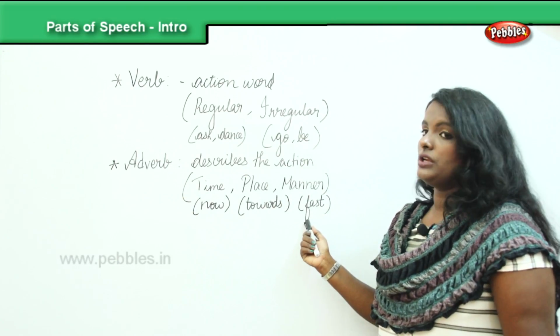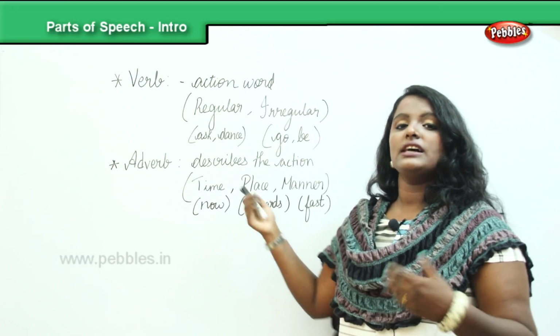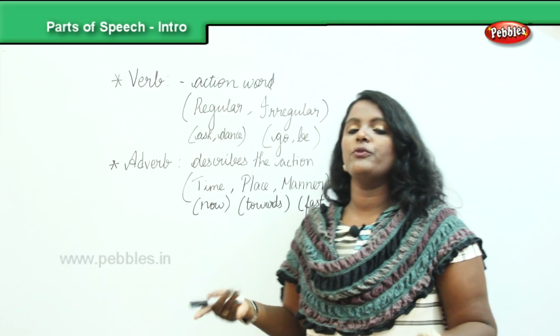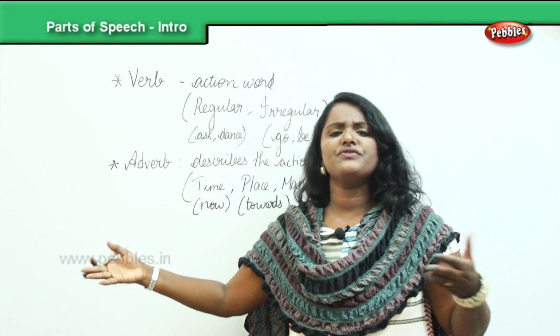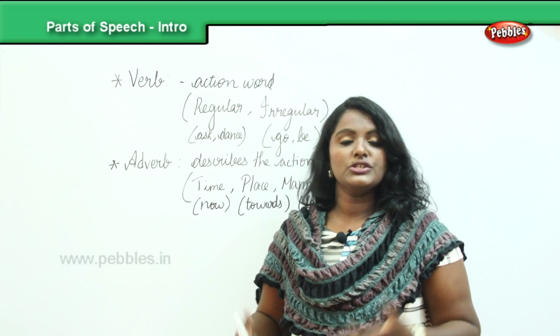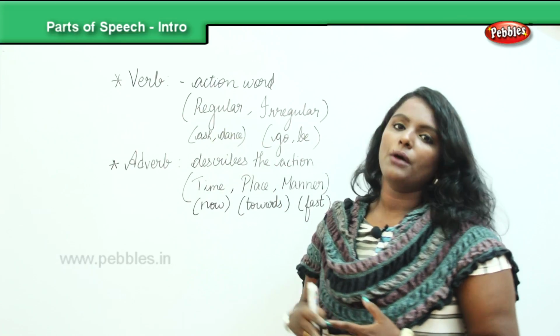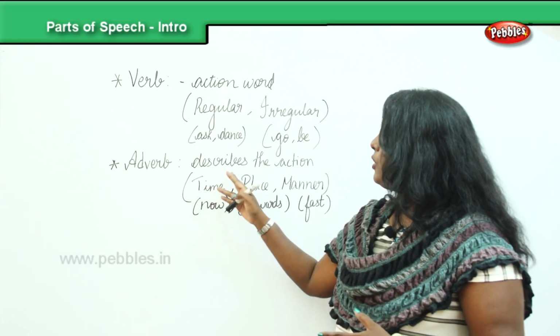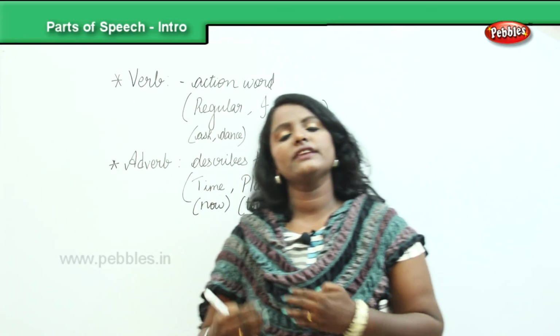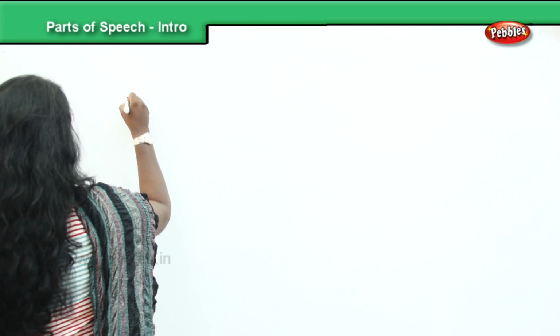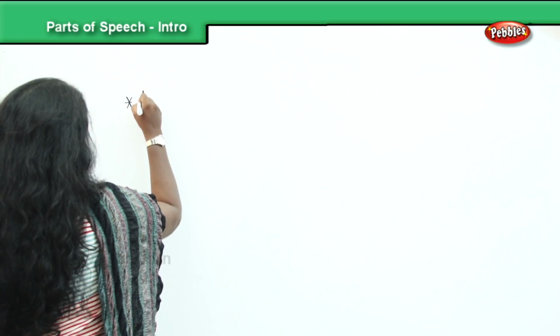She danced gracefully. Where did she dance? She danced near the temple or in the temple. Or time, when did she dance? She finished her dance just now. So that gives us the time. So it gives more information about the verb. The adverb always describes the action. It gives extra information about the verb. Let's move on to the next part of speech, adjective.